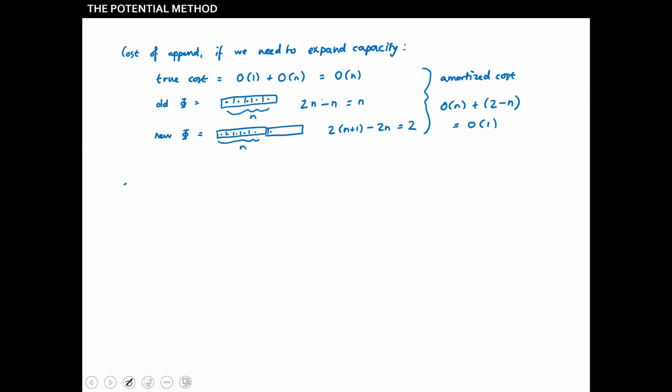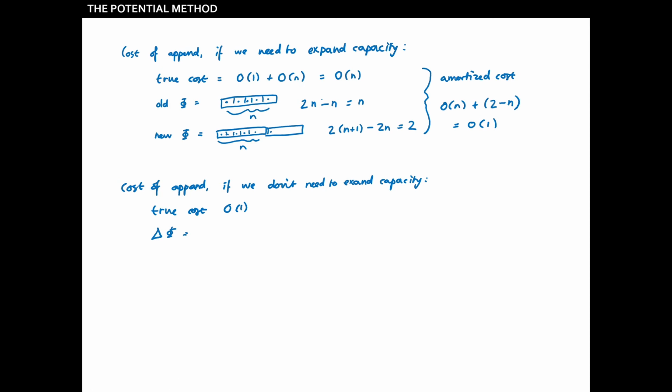What about the other case? The cost of append, if we don't need to expand capacity, the true cost is O of 1, simply to write in the new element, and the change in potential, remember potential is twice times number of items minus capacity. We're not changing the capacity at all, so the change in potential is just plus 2 to reflect the fact that we've got one more item.